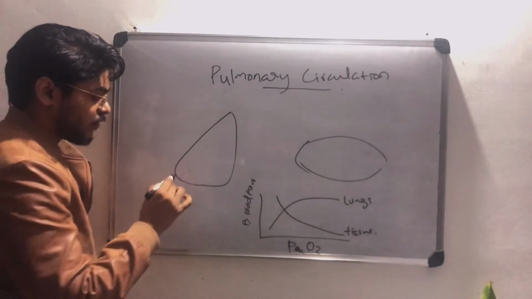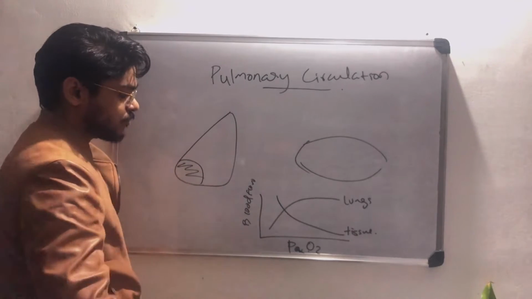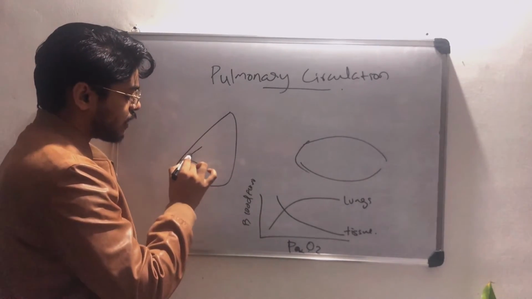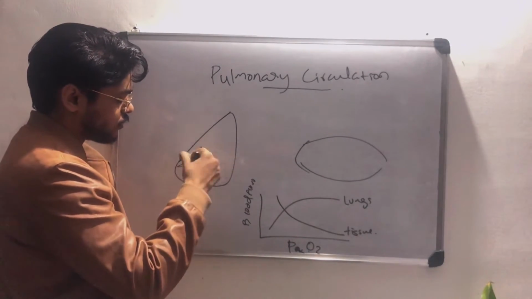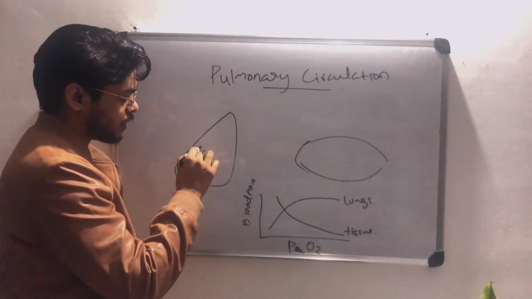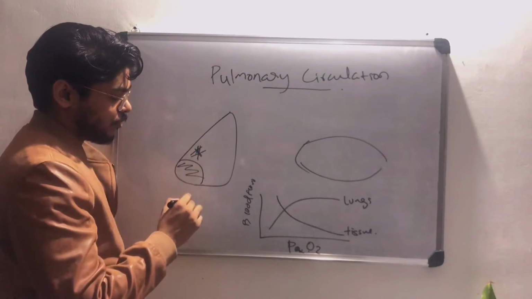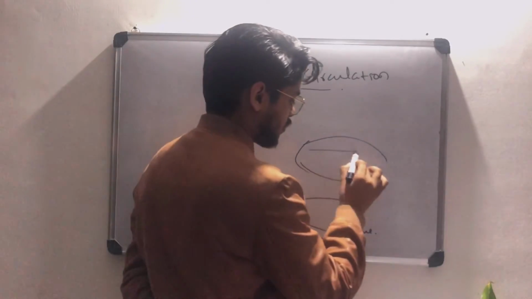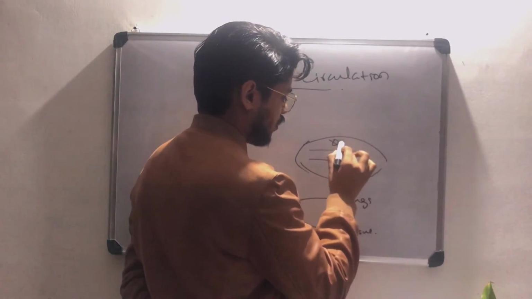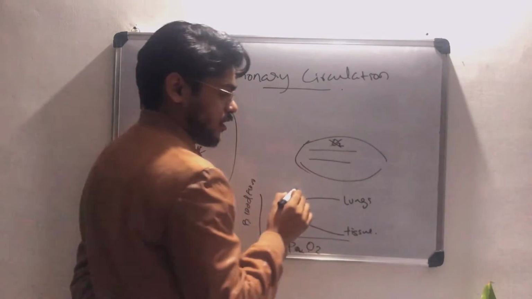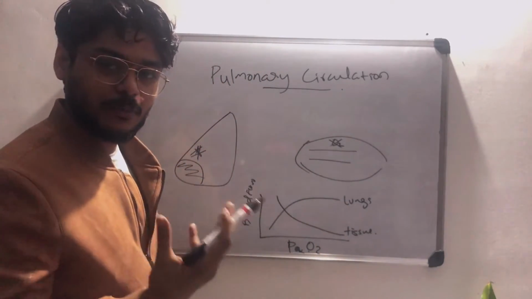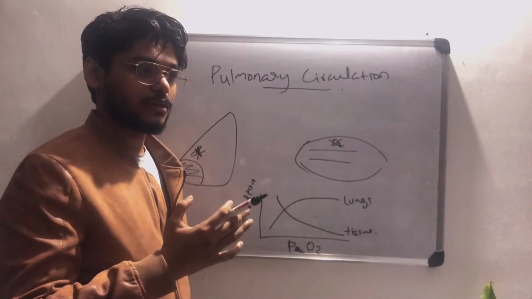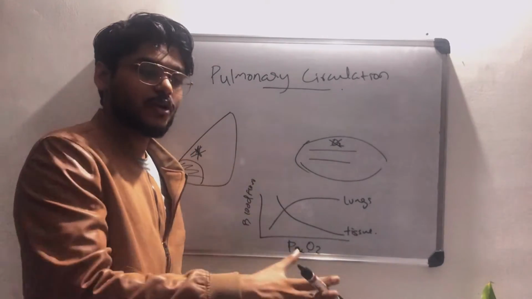So let's say if there is a hypoxic area in the lungs, then the blood vessel supply will be constricted. Normally in all of the tissues, if there is some oxygen deficiency, if there is hypoxia, what is hypoxia? Hypoxia means the oxygen supply to the tissue is decreased.